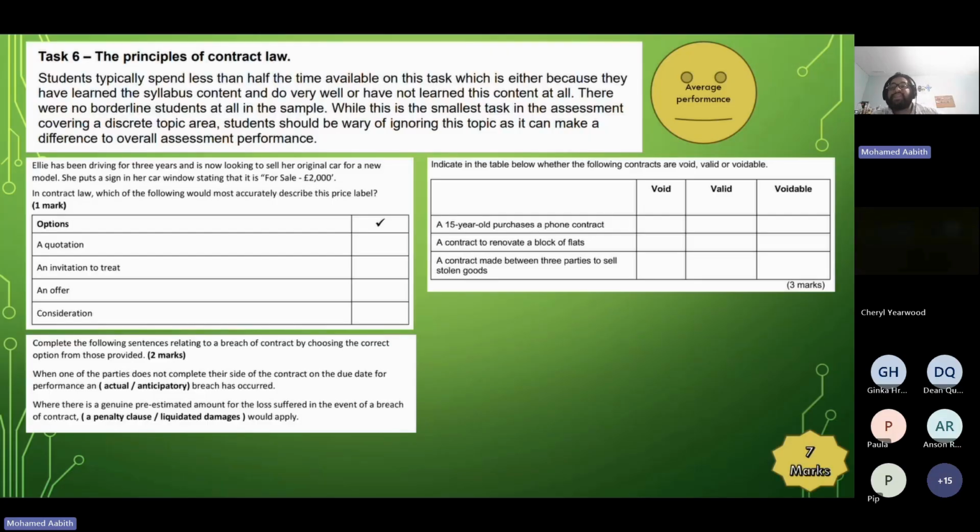Now let's look at these three different types of contracts. They are either void, valid, or voidable contracts. They all carry different concepts here. The first thing is, if I'm going to purchase a phone contract as a 15-year-old, what type is it?